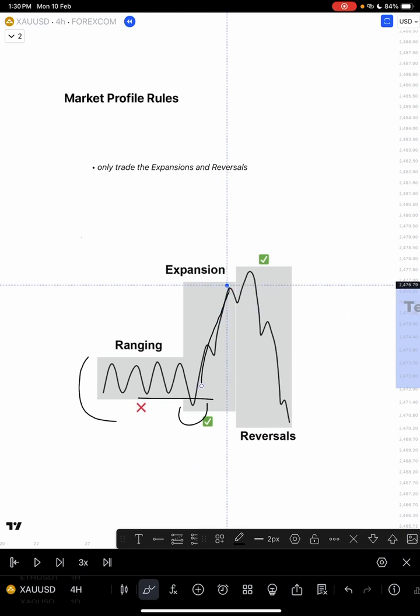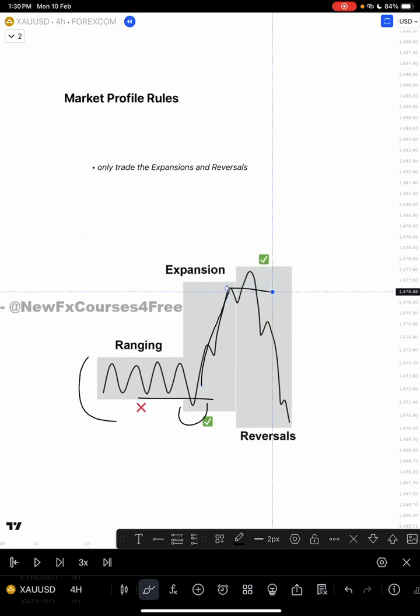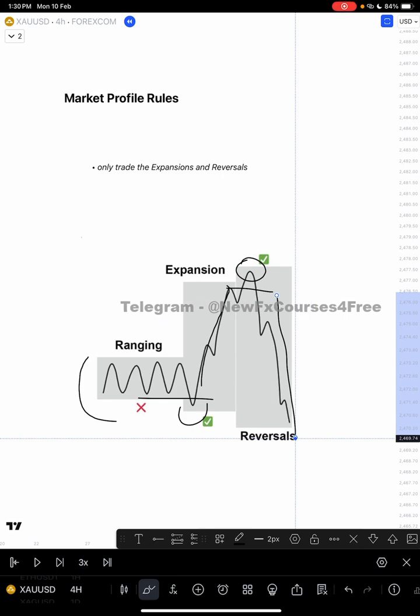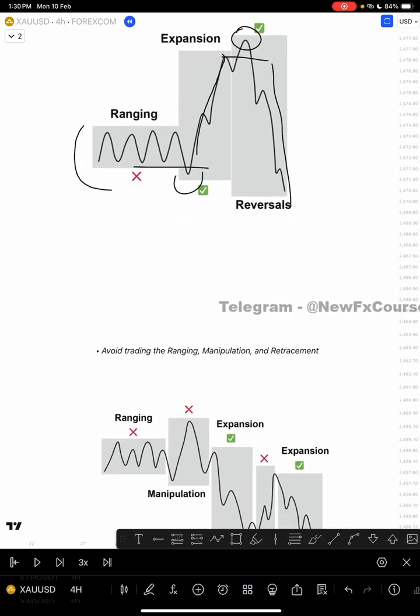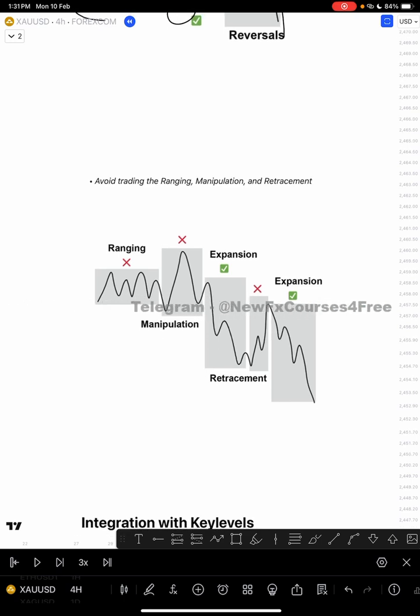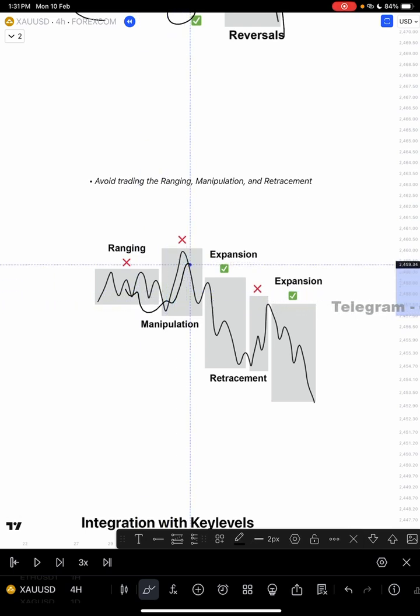When bearish, wait for a pop above an old high, then you can position yourself for shorts and trade your reversal profile. So avoid trading the ranging, the manipulation, and the retracement profiles.